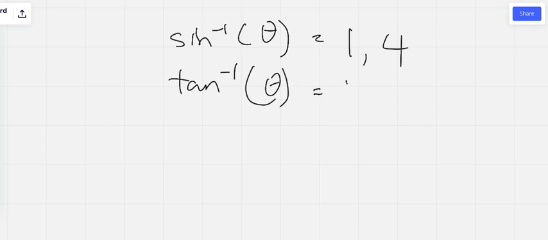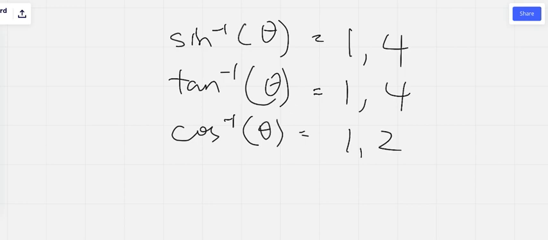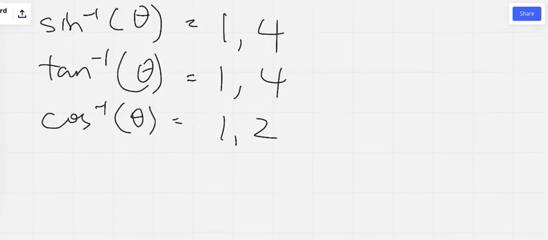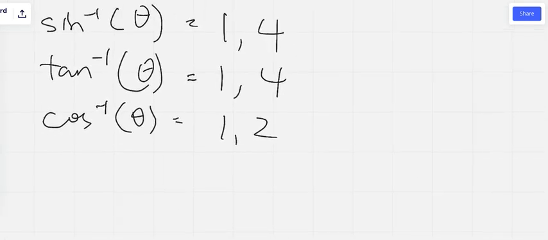The cosine graph appears in 1 and 2. This might be hard to remember. However, there's actually an easier way, once again developed by myself, to remember this.